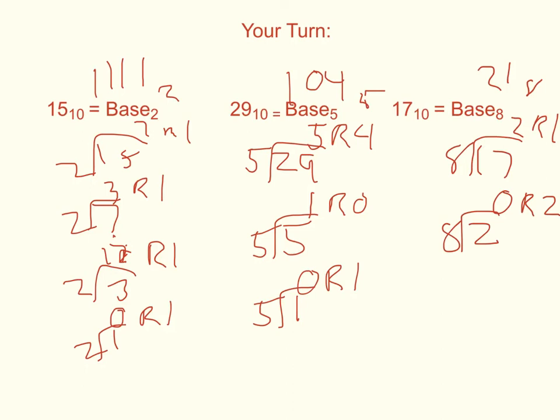Once you get the hang of putting your remainders in reverse order as you are solving them, it really is pretty simple. Again, this applies to all bases lower than base 10. I'm going to show you next what happens when it's higher than base 10.